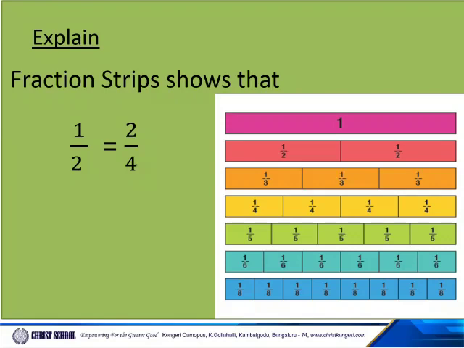Do you remember? All the fractions which show 1 by 2 are 2 by 4, and then 3 by 6, 4 by 8, 5 by 10. All these fractions show 1 by 2.